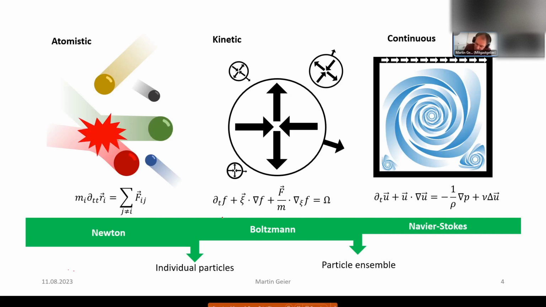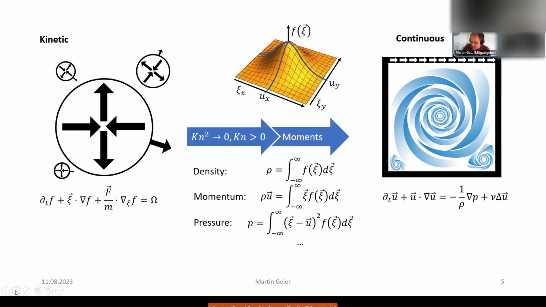And we regard this function f, which is the distribution of particles. This is a description that contains more physics than the Navier-Stokes equation, because it still assumes that there are these particles, but of course under certain conditions they are equivalent, and the equivalence condition is that a certain quantity, namely the Knudsen number, is going to 0.